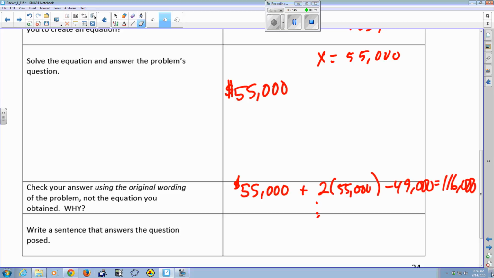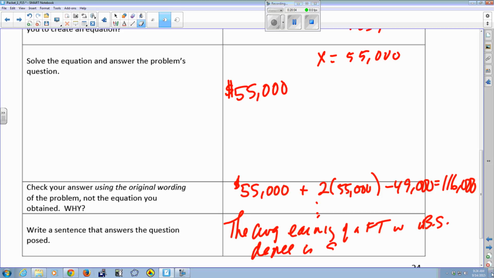I need more room. So you check your work, you find out you're correct, and then you write your sentence. And then you use all the information you have in the problem. So you say the average earnings of a full-time worker with a bachelor's degree is, and that's what you put, 55,000 with the units.